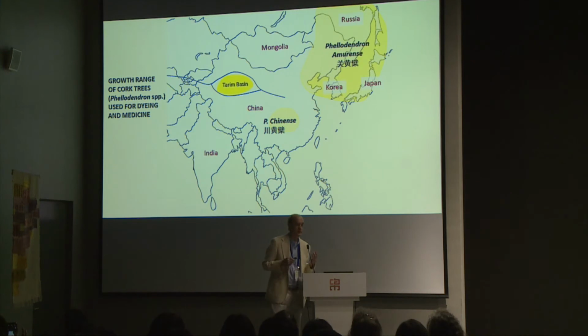The problem here is it's not always easy to distinguish between them, because even with, say, the amur cork tree, it depends on which part of the tree you analyze. You get different patterns. Or sometimes the south side is different from the north side of the trunk. So it's a bit of a problem.